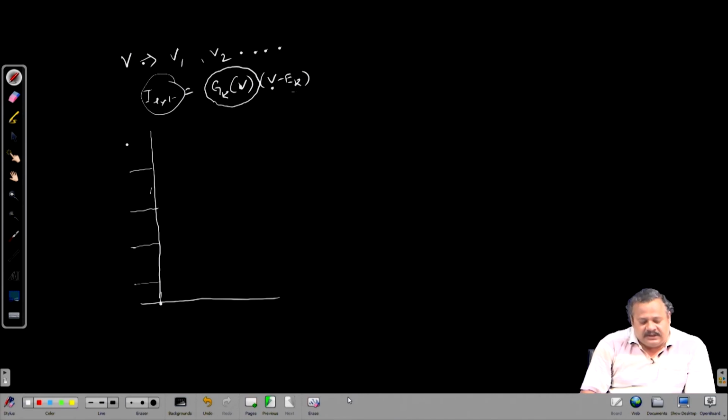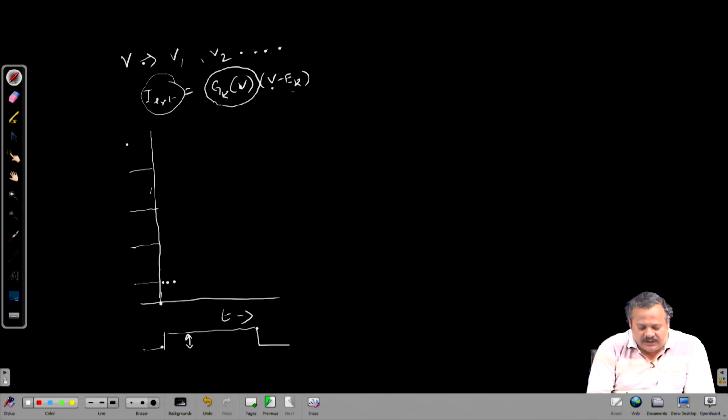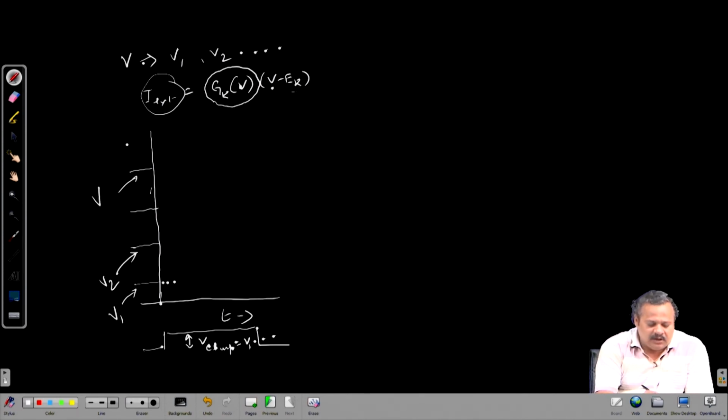At the lowest V, so this is time, and we are having a clamp for this period, and this value is our V clamp, which is our V1 and so on. This case is for V1, this case is for V2 and this case is for Vn.